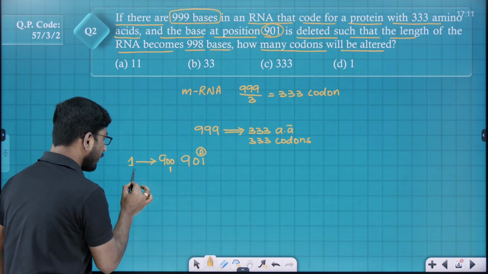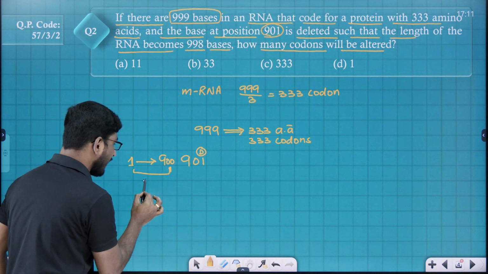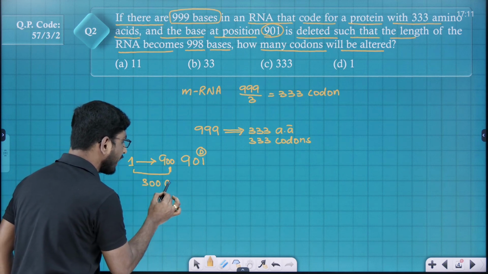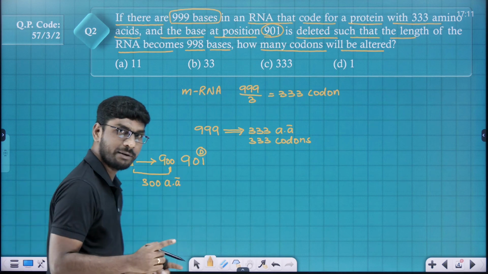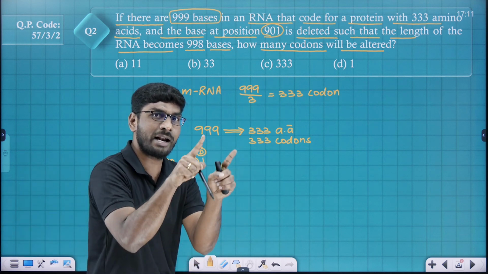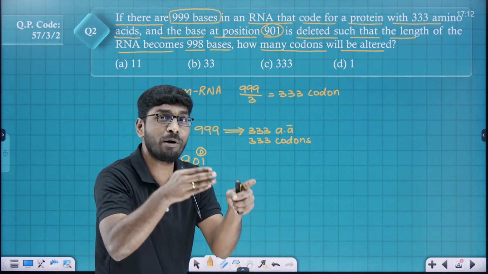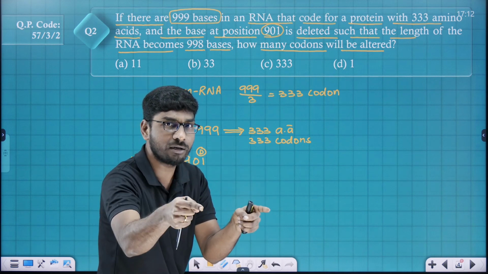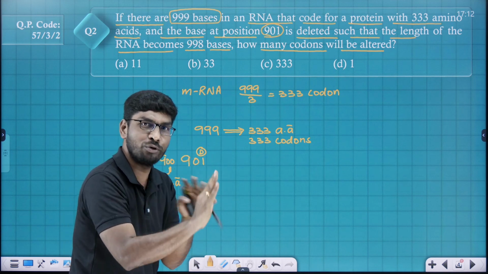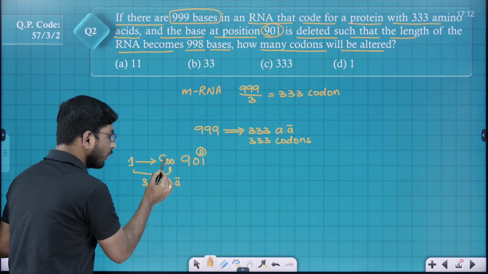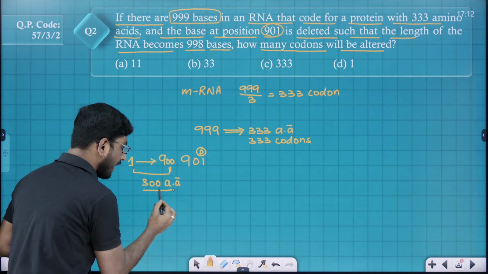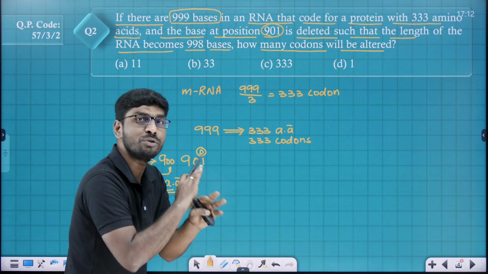First 900 nucleotides means 300 codons and 300 amino acids, correct? There is no problem because the actual deletion or mutation is at 901. So 900 nucleotides are good, which means 300 amino acids have no problem.